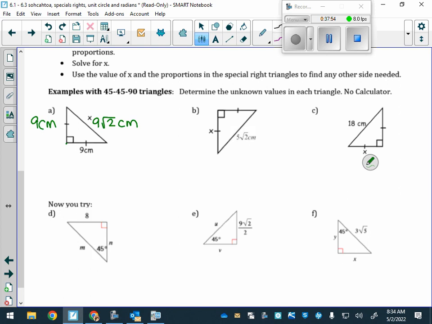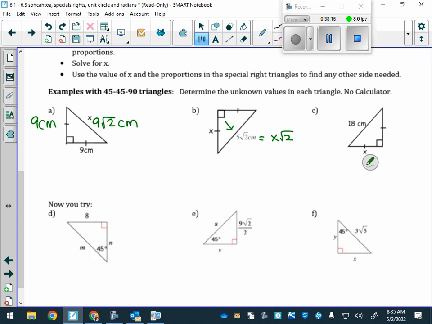Okay. Now, in B, you are given your hypotenuse, which is 5 root 2. So we know that X root 2 equals 5 root 2. We need to find the missing side length. Some of you could figure it out just by looking at it. Okay.